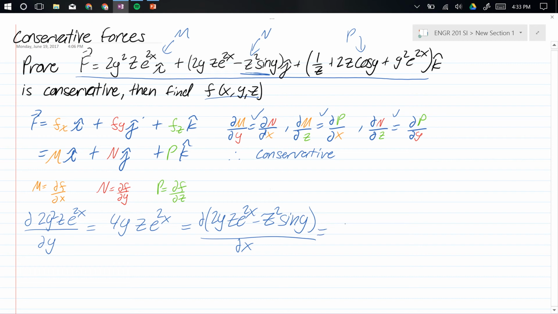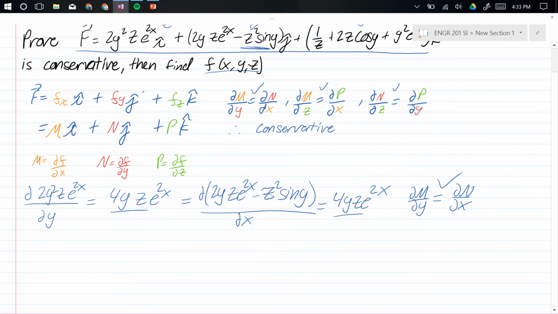You're just taking the derivative of that e to the 2x, so we get 4yz e to the 2x, which does equal it. So partial of m with respect to y equals partial of n with respect to x is true so far.